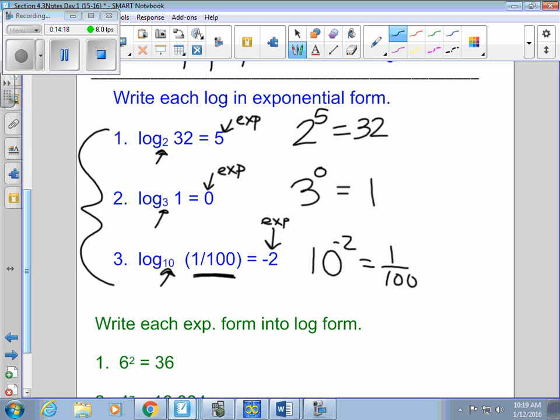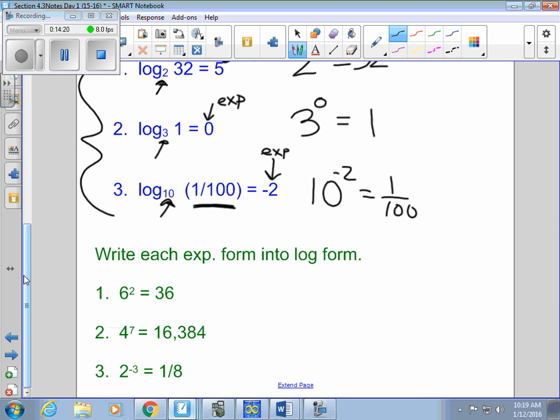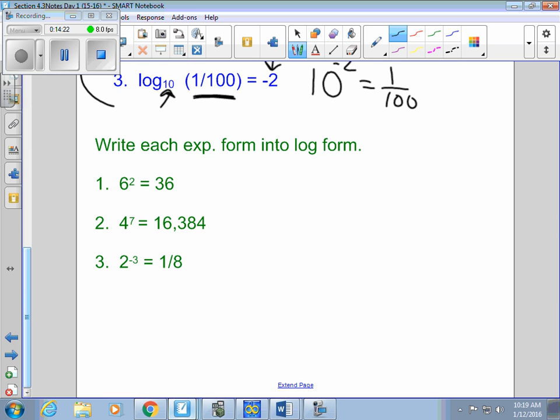Now, we can do the same thing going from exponent form to log form. Your base is the same thing. So as we start with 6 squared equals 36, to write it as a log, I write the word log. My base is 6, so my base is 6.